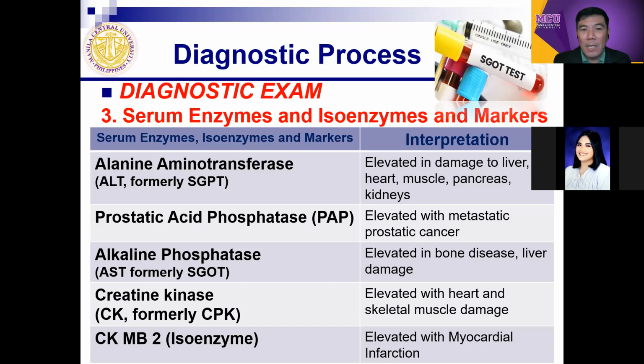So what we check to see if it has already spread to the adjacent organs is the prostatic acid phosphatase.